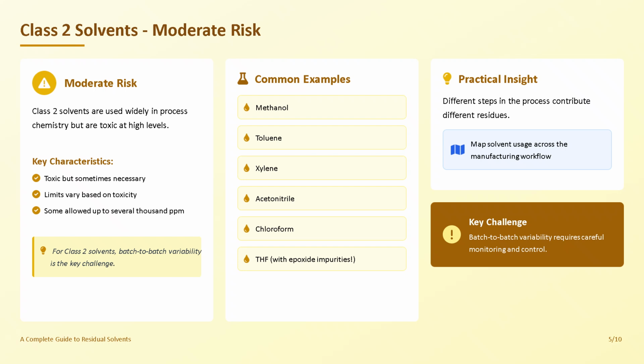Some can be present at thousands of parts per million, while others must stay tightly controlled. A major challenge with Class 2 solvents is batch-to-batch variability. Different manufacturing steps can contribute different residual levels, so mapping solvent usage and tracking variability is essential for compliance.